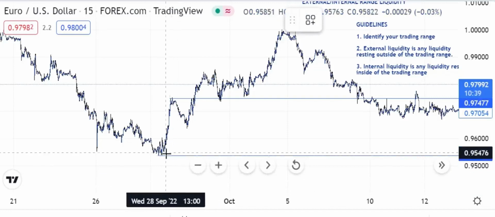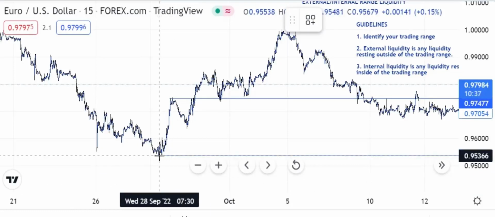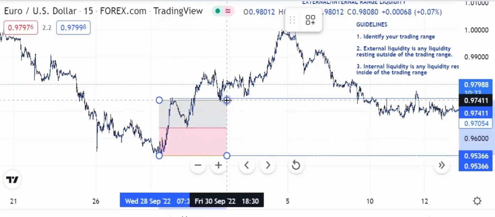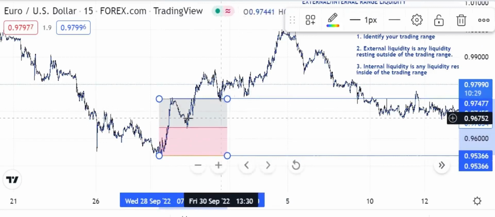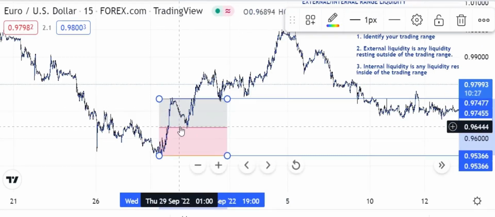Now, you take your FIB tool from this low. All right? Use your FIB tool from the low, and then you go to the high and see whether it has retraced to at least the 50% FIB level. Remember, I told you in our previous video, if it must be a valid retracement, it must get to at least the 50% of your FIB level.